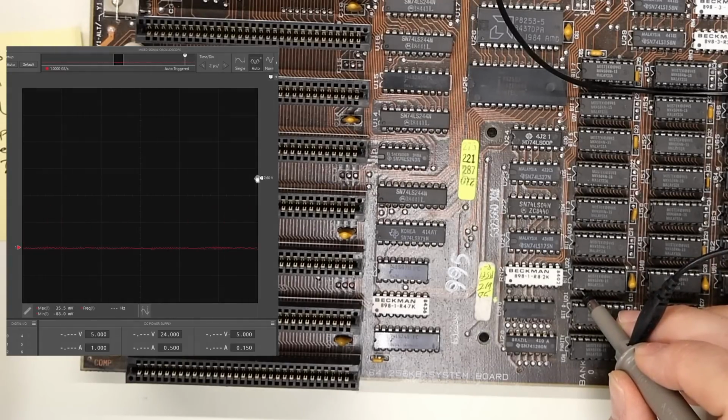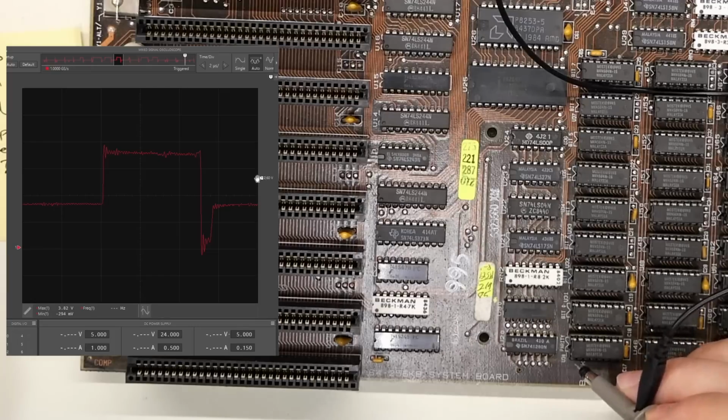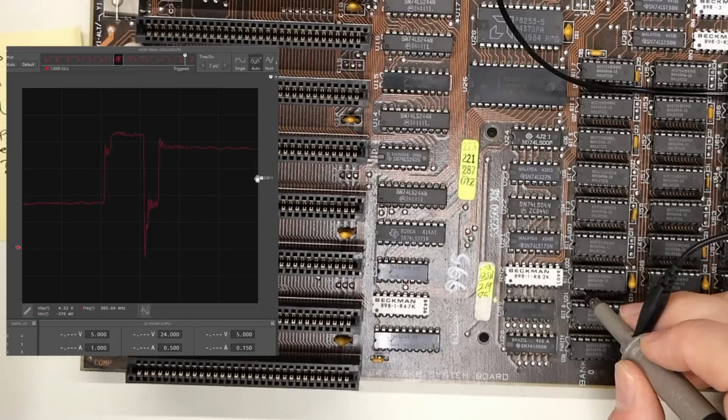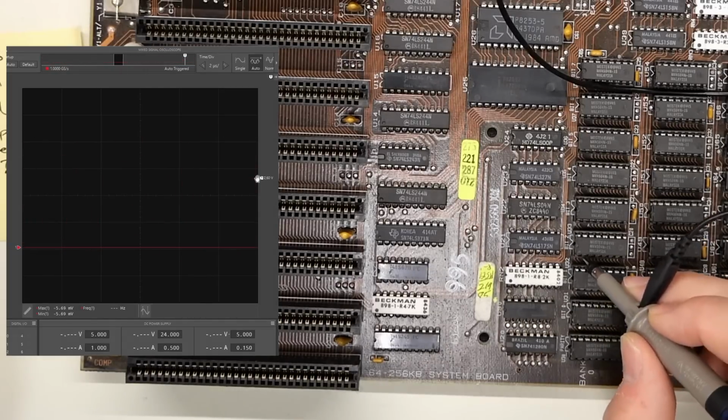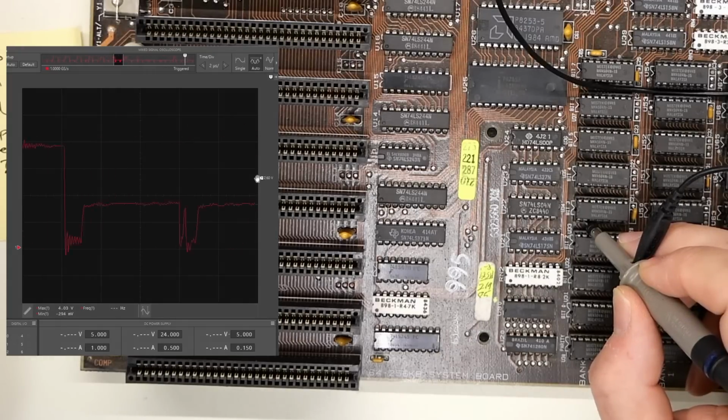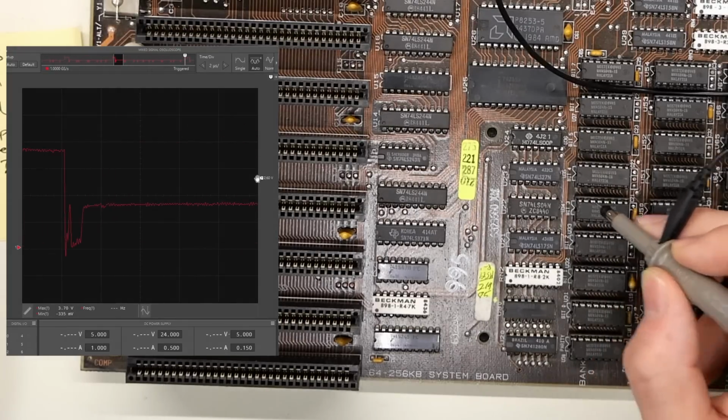How about this one? Oh, this one looks screwy too. When I power this on, it should look like this first one here. See that? Nothing is half height. It's either all full, up at 5 volts, or down by ground. Let's check this one. That one looks bad too. This one as well. What's happening exactly here? No, bad. That's no good.